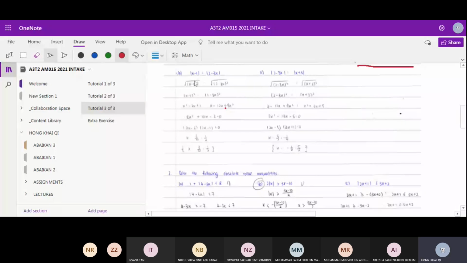You see lecture page 5, you'll see the formula like this. The modulus of a can change into the square root of a squared. So when both sides have the modulus, we need to change the modulus to square root and square.